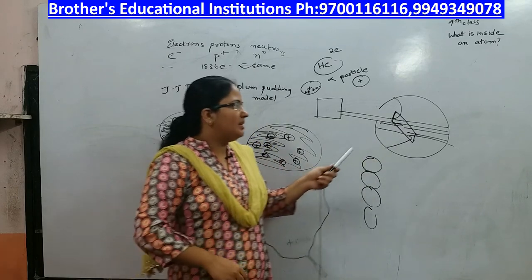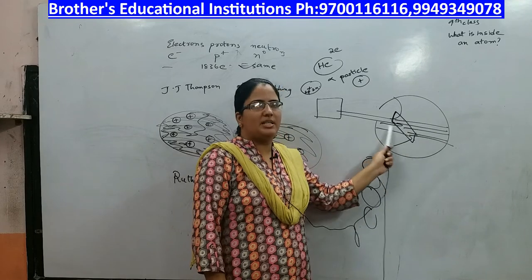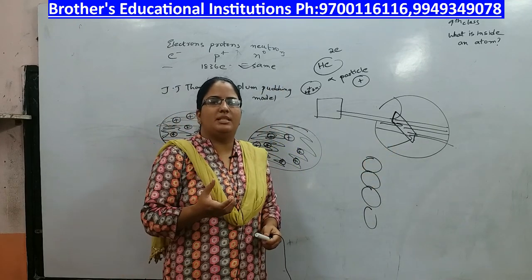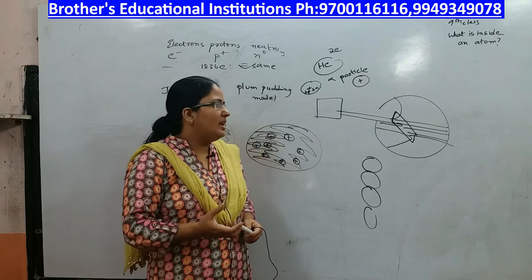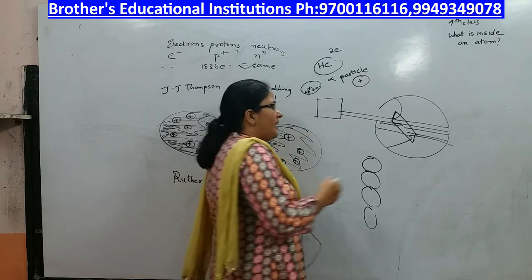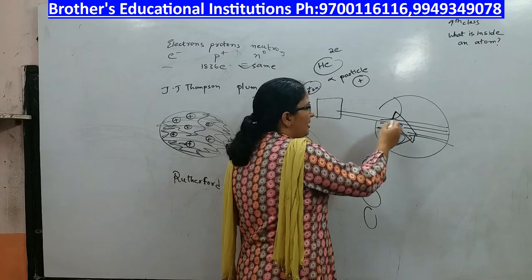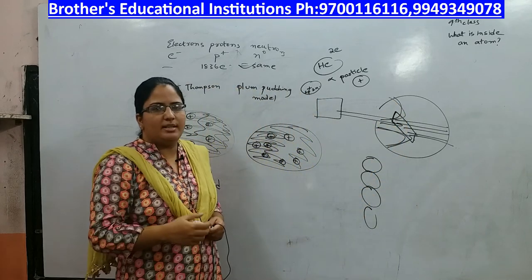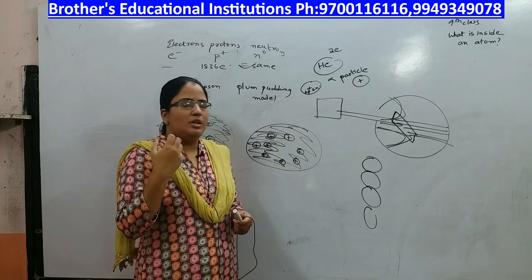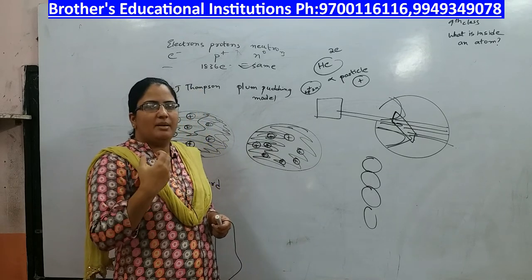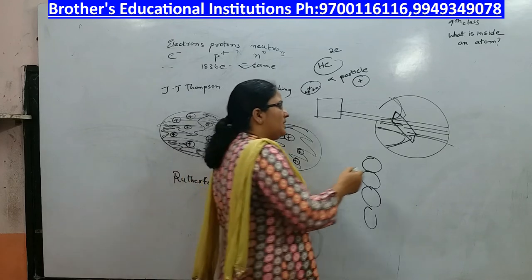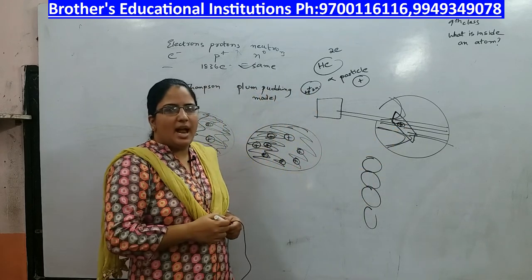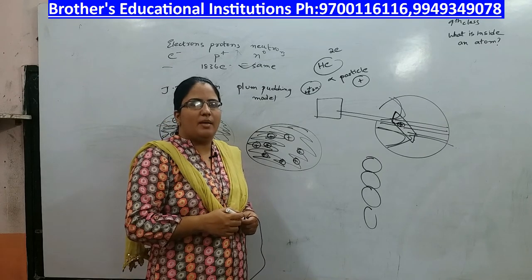But what he observed was that most of the particles were passing through the gold foil. This shows that most of the space inside an atom is empty. Whichever particles were coming right back must have hit the positive charge, which is present in a very small space inside an atom. This is what Rutherford observed.